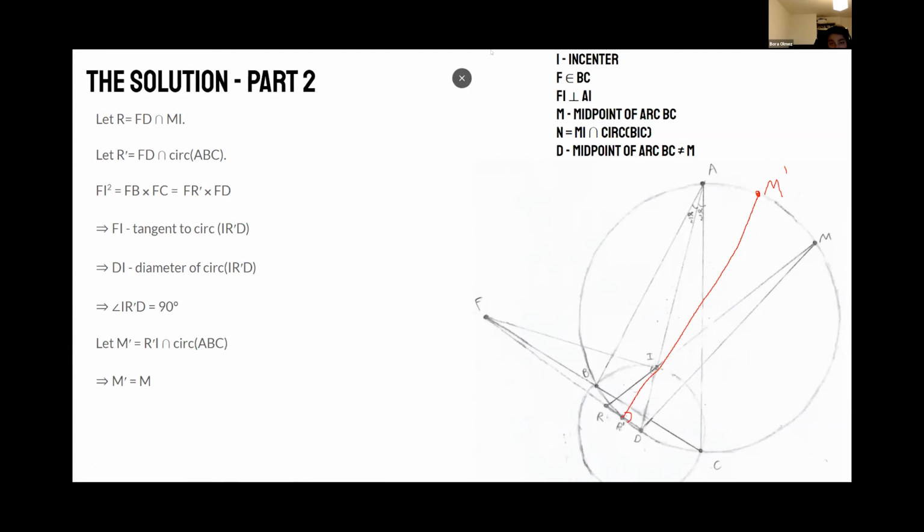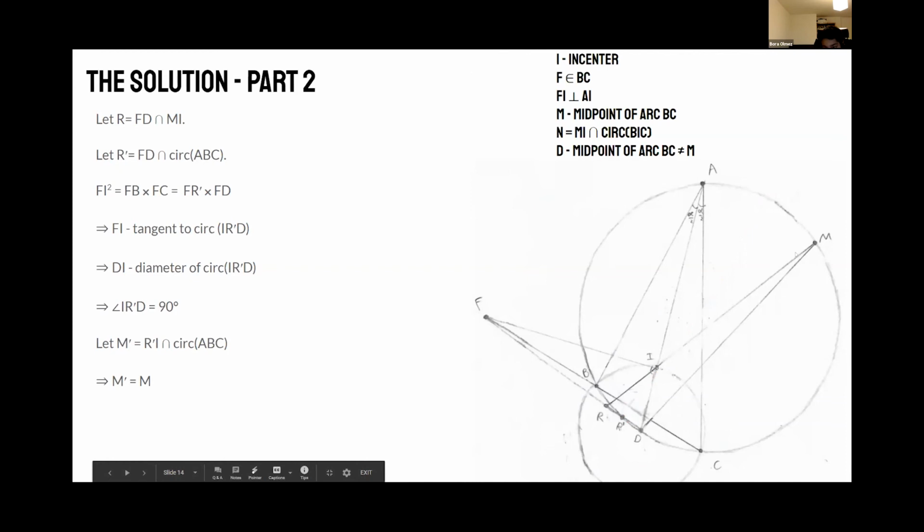So now we have that R prime, I, and M are collinear, as R prime, I, and M prime were collinear, and M prime is M. Therefore R prime, I, M and R, I, M are collinear. So these two are lines.